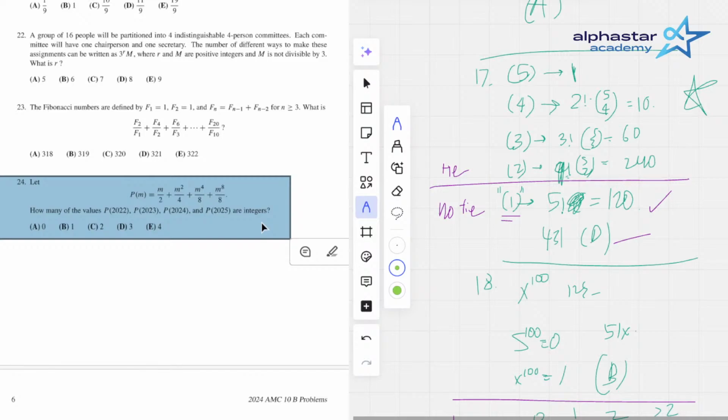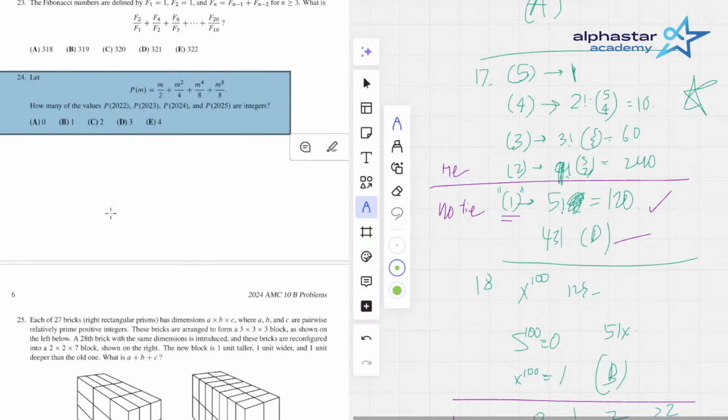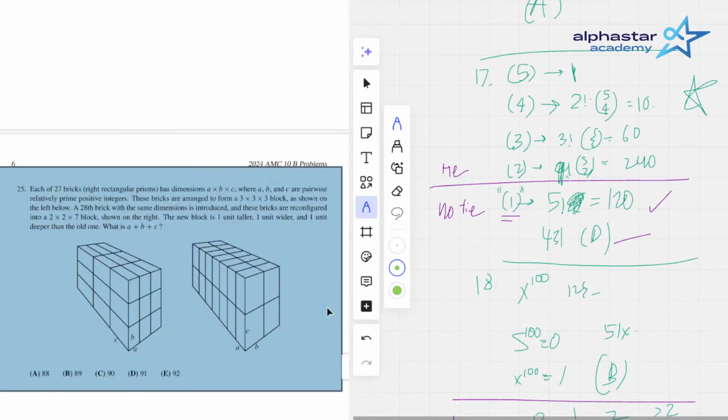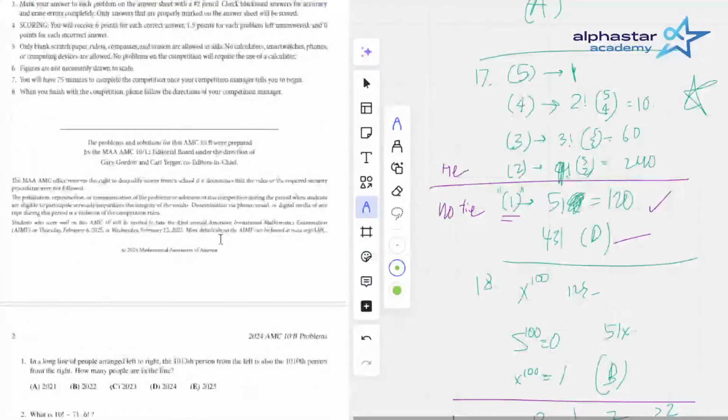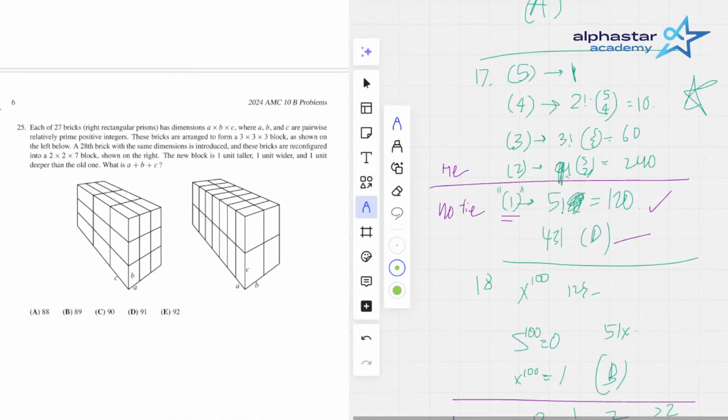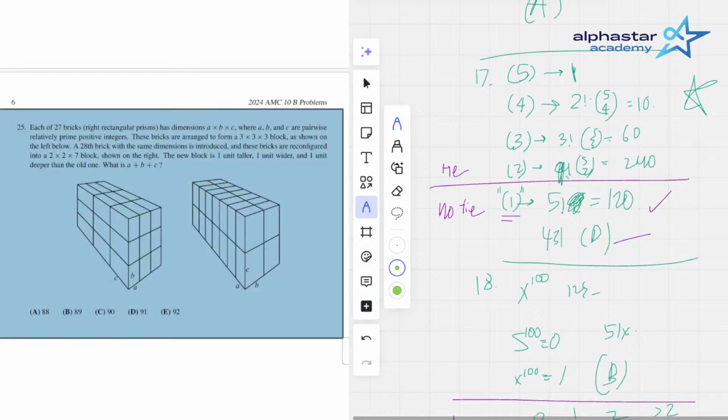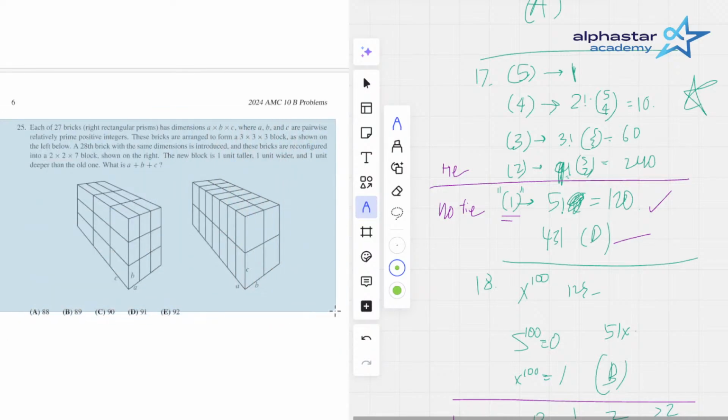There are so many different avenues that all work. And then 25 might have been super surprising. It's on the last page, and it's alone, and it's a big problem, but it's literally just a system of 3 equations. So this one is very doable if you have more time.